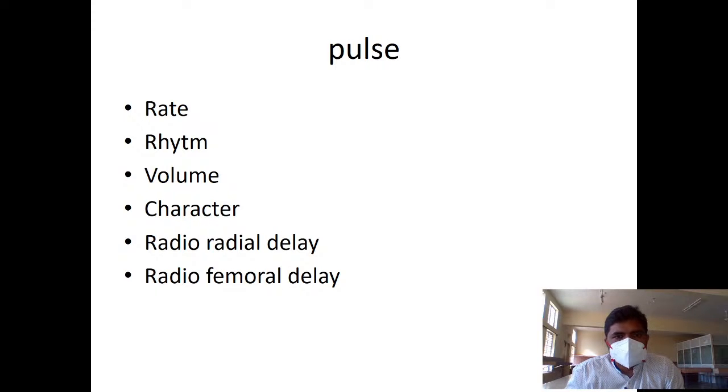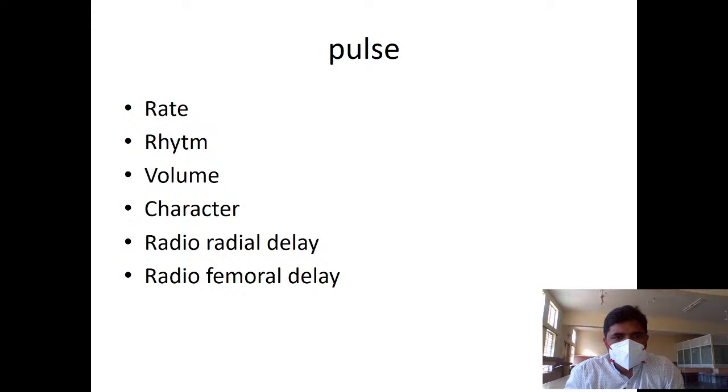These are the terms by which the pulse has to be described: rate, rhythm, volume, character, radial delay, radiofemoral delay. With rate you can conclude the child is tachycardic or bradycardic. Then rhythm, whether it is regular, irregularly regular or irregularly irregular.